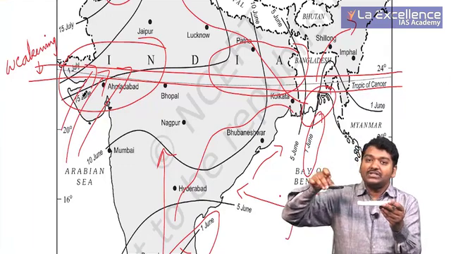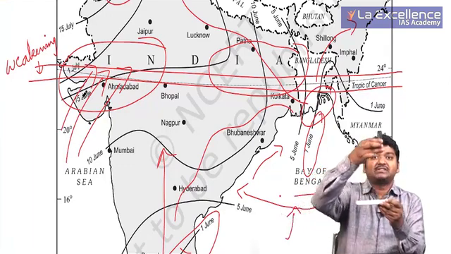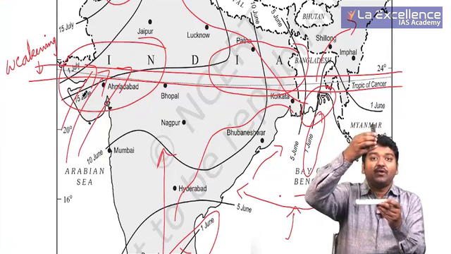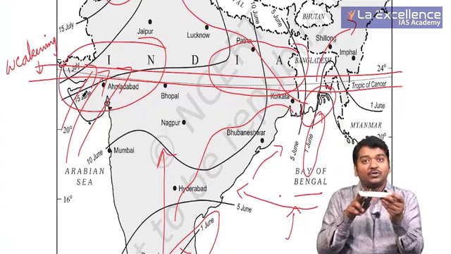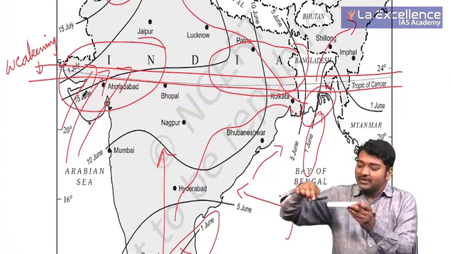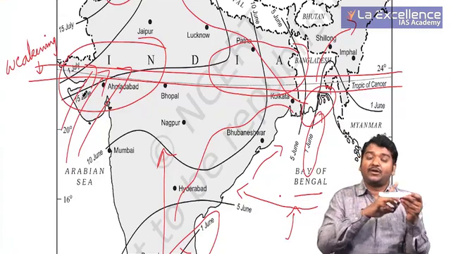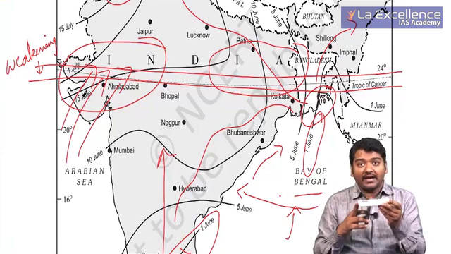And whenever moisture laden winds come over a low pressure area, there is a high possibility the winds start rising. Whenever the winds start rising, they give heavy rainfall. This you are aware. So if this is present over Gujarat, Gujarat will get heavy rainfall. If this is present over Bihar, winds will blow from the Bay of Bengal, they rise and give heavy rainfall. So floods happen in Gujarat, Rajasthan, Bihar because of the low pressure present there.